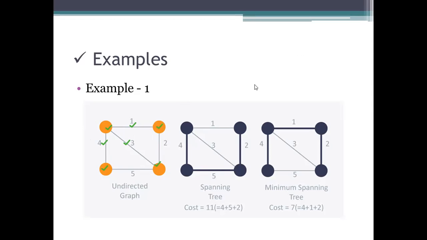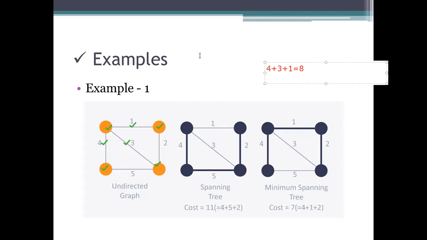So what is the weight here? The weight is the cost, which we get by adding all these: 4 plus 3 plus 1 equals 8.